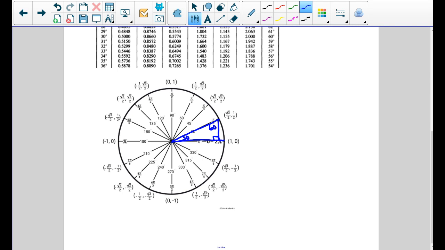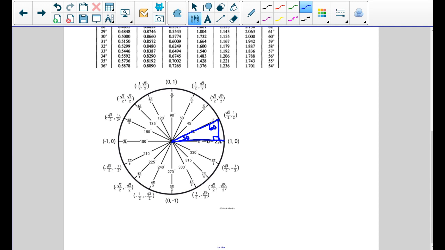So what happens is everything is based off of this. It's called the unit circle. In Algebra 2, you can do trig just based off of this unit circle. If I want sine of 30, sine of 30 should be 1/2.